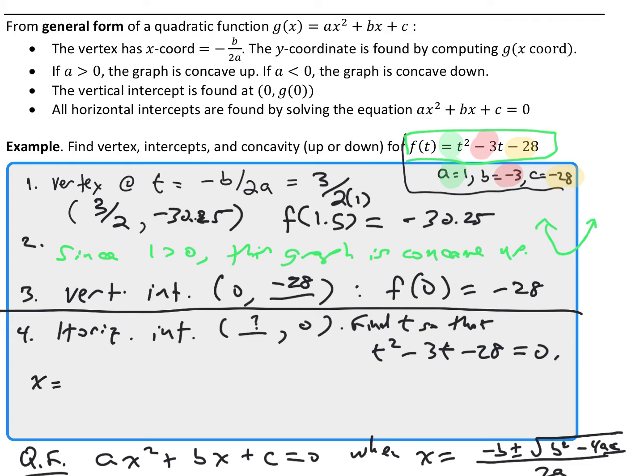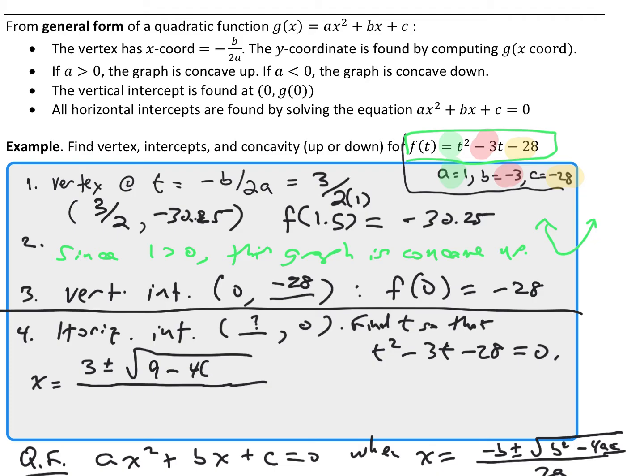So x is going to be minus b. Again, when we see minus b, we think opposite of b. So since b is negative 3, opposite of b is positive 3. And plus or minus b squared. B is negative 3, so negative 3 squared is 9.